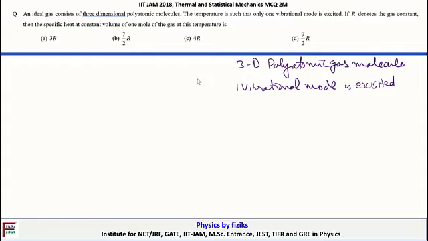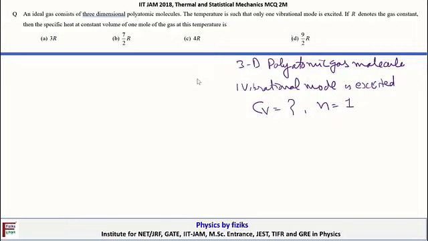If R denotes the gas constant, then what is the specific heat at constant volume of 1 mole of gas? So we have to evaluate CV for 1 mole of such kind of gas molecule. We can do this by simply evaluating how many degrees of freedom a single gas molecule has.